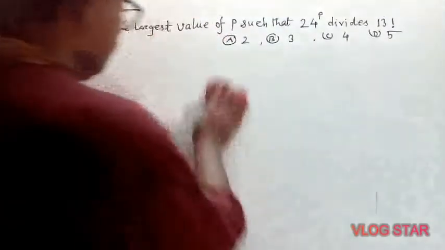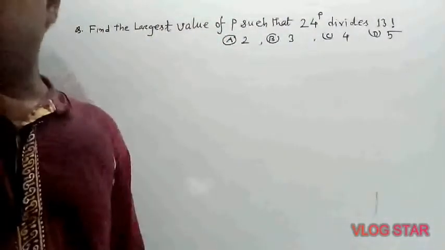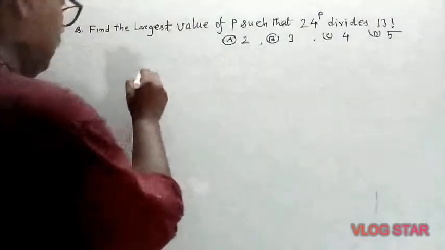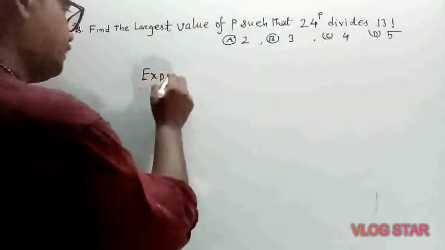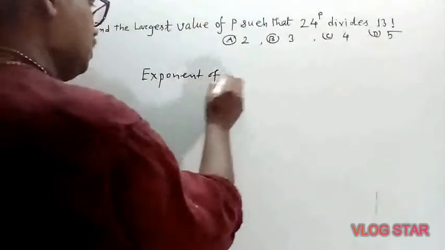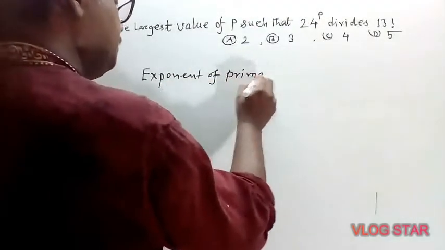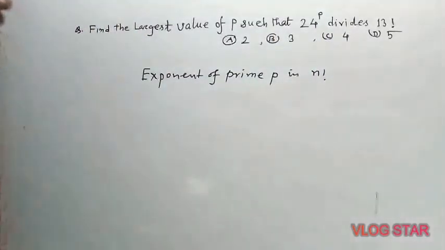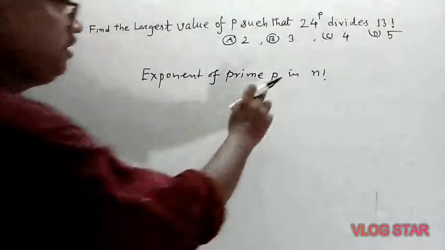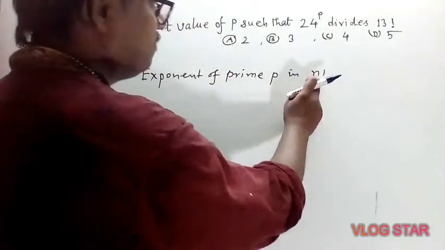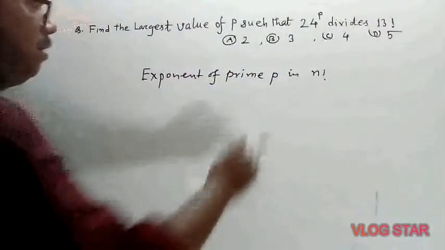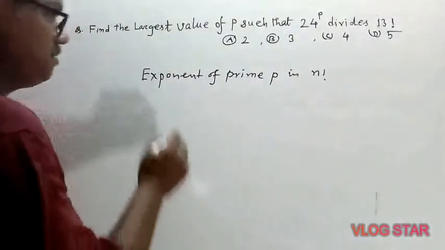Now, the exponent of prime p in the positive integer n factorial. That is, how many p's are contained in n factorial as multiplications.